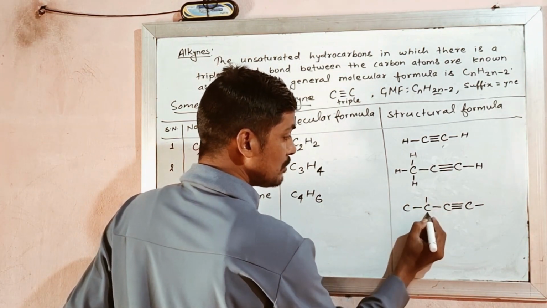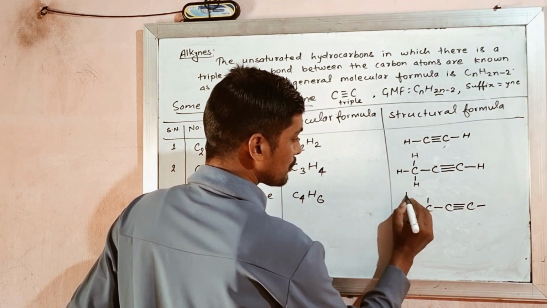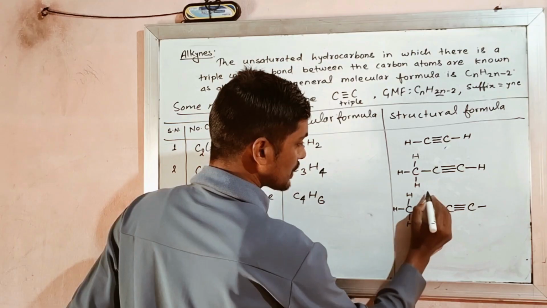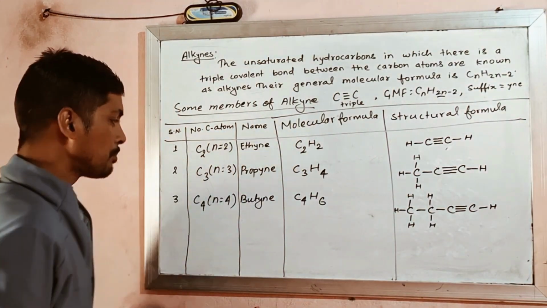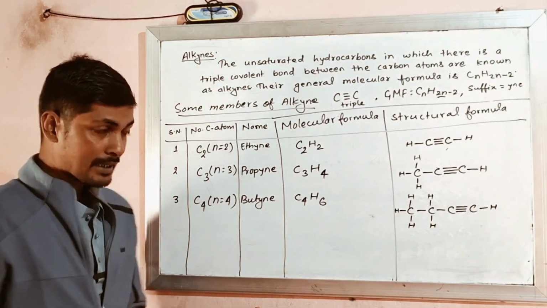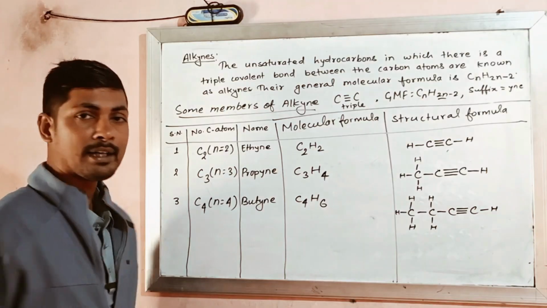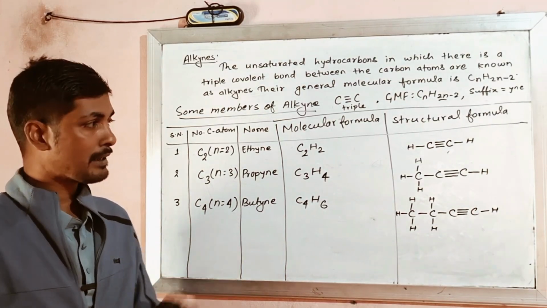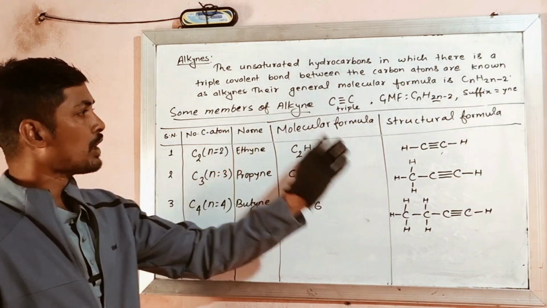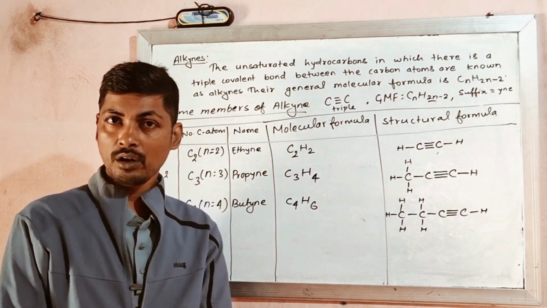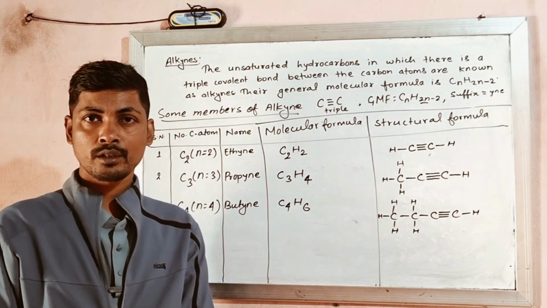In this way, you connect hydrogen in the bonds to get the complete structure of butyne. The rest of the members of this alkyne you can write in the same way, and you will get the name, molecular formula and structural formula of other members of this alkyne by following this way.